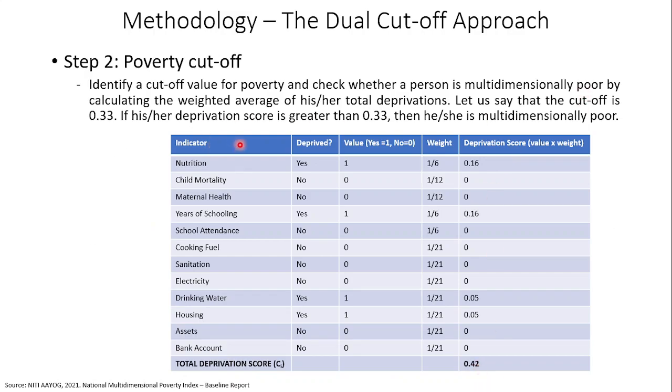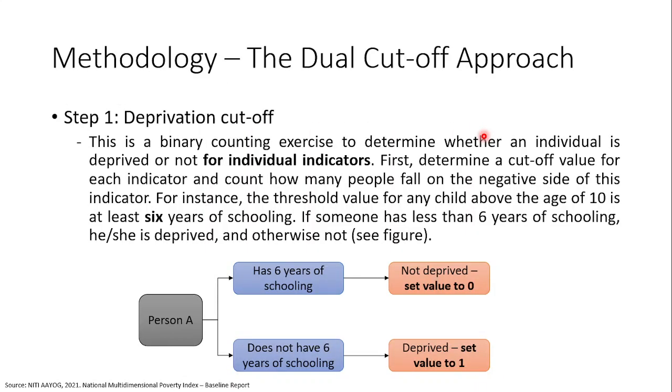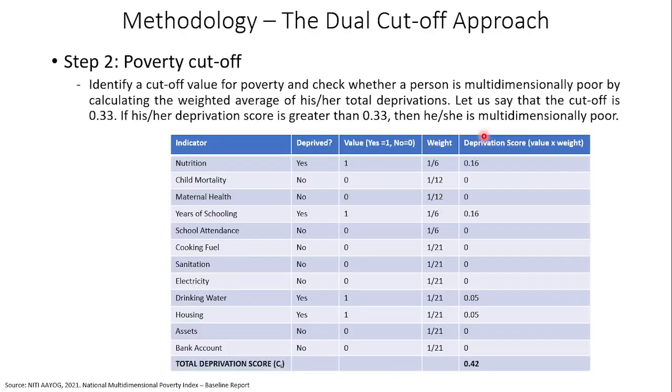Next is the poverty cutoff. First was the deprivation cutoff for each indicator. The poverty cutoff is overall: you have all these 12 indicators, and you have done the yes or no, the ones and zeros, like you did here, for each indicator. This table is for one person.